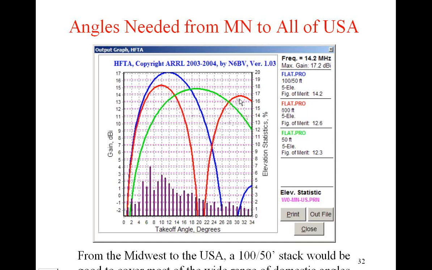It's got a significant second lobe over here. And this in green is the response of a 5-element Yagi at 50 feet. These are all over flat ground, and it gives you the point I'm making with this exercise. Even a relatively high stack of 150-foot high 5-element Yagis is not too high for domestic use for working sweepstakes contests from Minnesota.